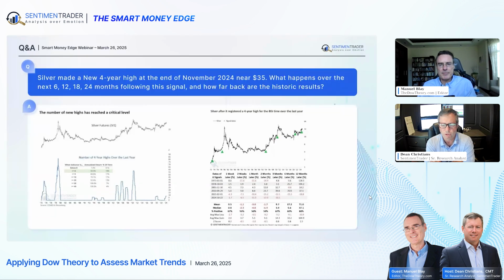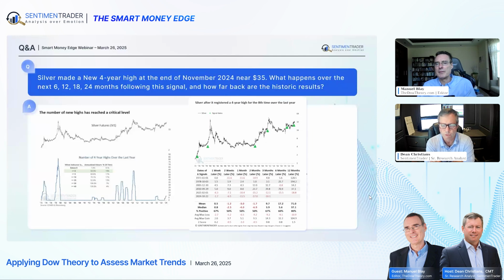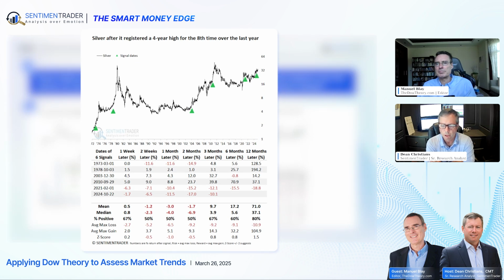If you look at it from a purely outlook point of view, anytime you've crossed to 8 or higher 4-year highs, which would be on the right, this outlook table, you can see that 12 months later, you were higher 80% of the time. So pretty good outlook, but in the short to near term, you're only higher 50% of the time, 2 weeks, 4 weeks, 2 months later.